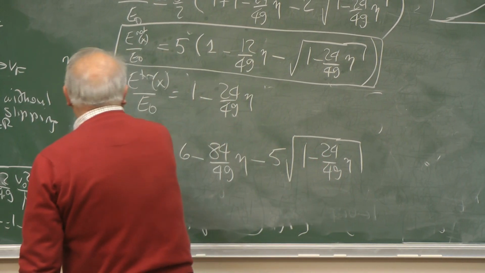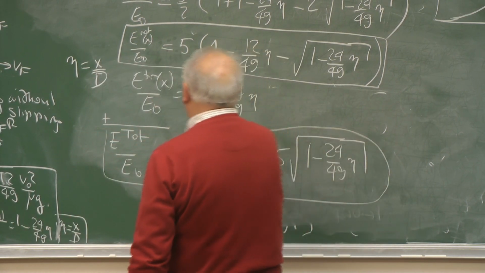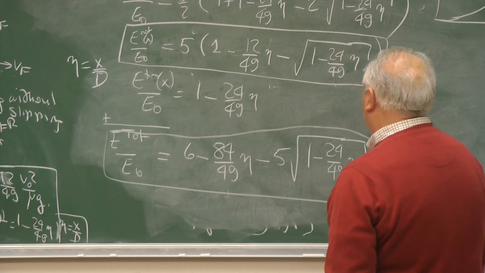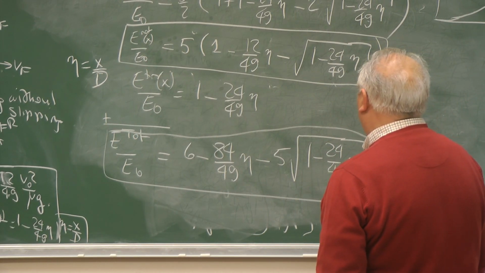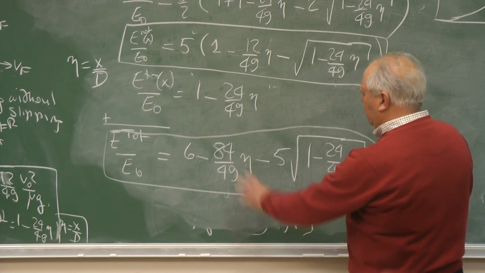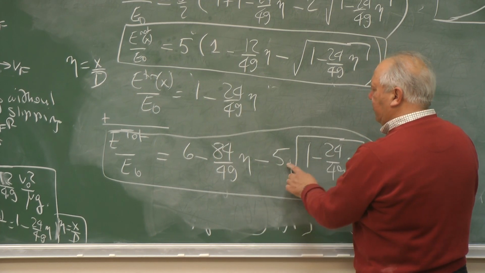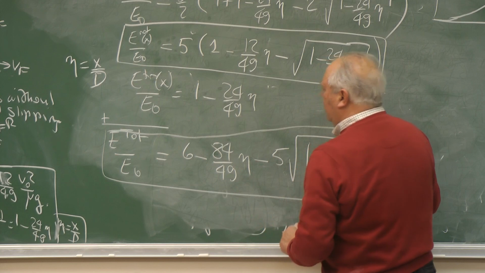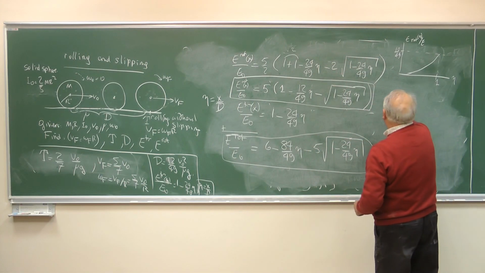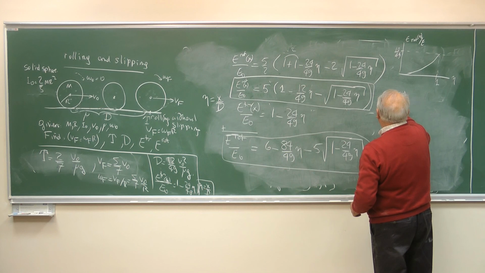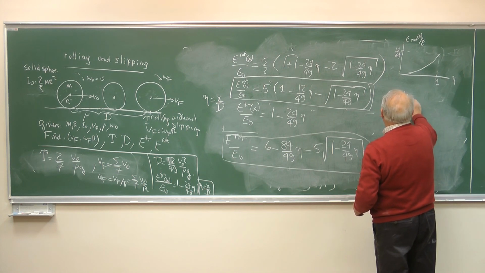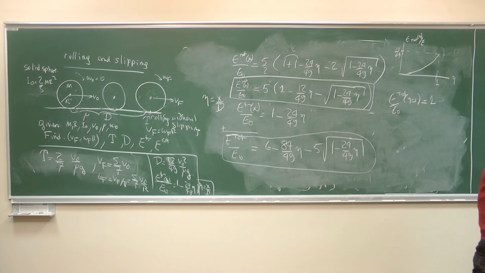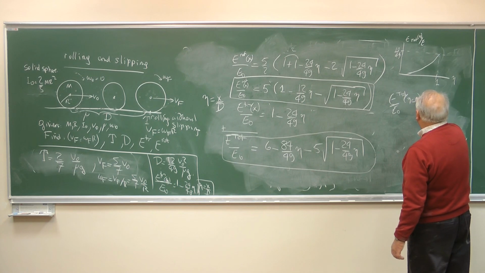So this is the total energy when eta equals 0. When eta is equal to 0, this is 0, this is 0. We have 6 minus 5, 1. So E total over E0 is equal to 1 when eta equals 0. Namely, your total energy is E0.